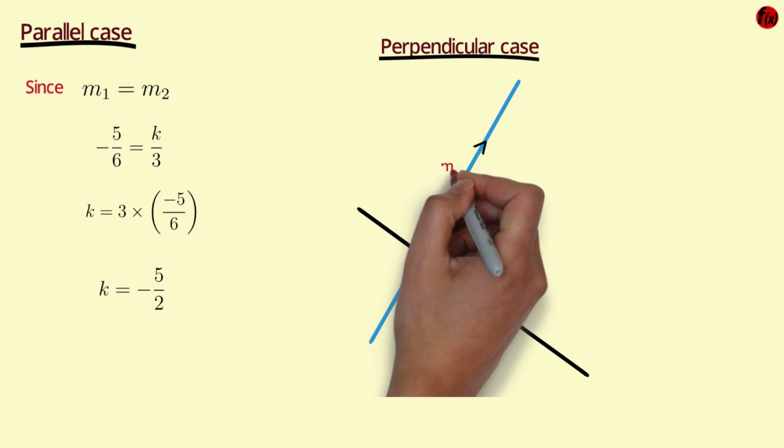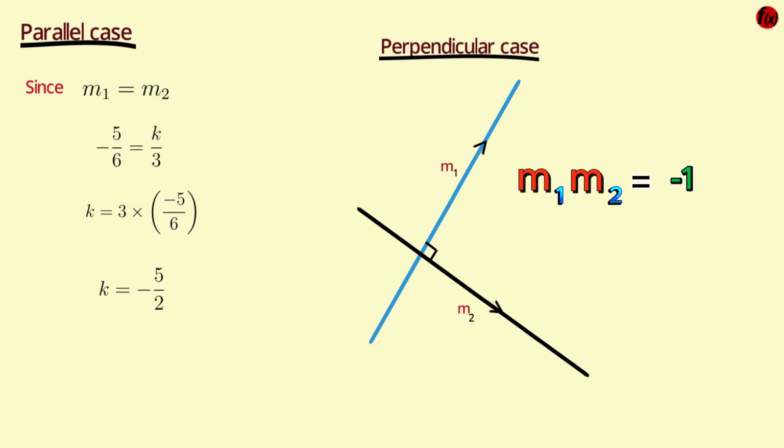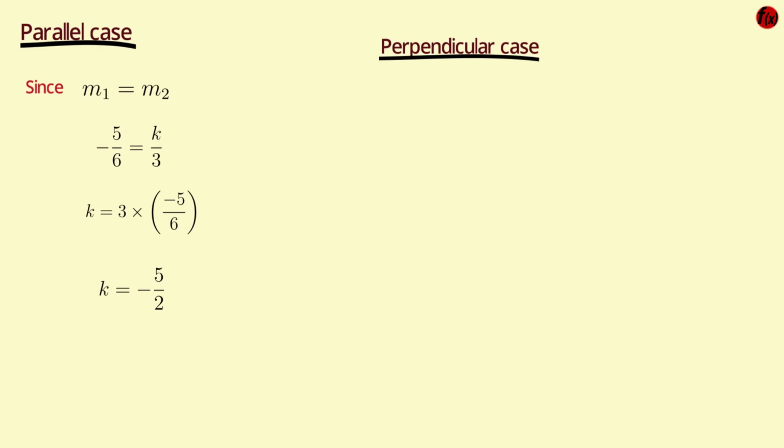For two lines to be perpendicular, the product of their slopes must be -1. Therefore, m1 times m2 equals -1.